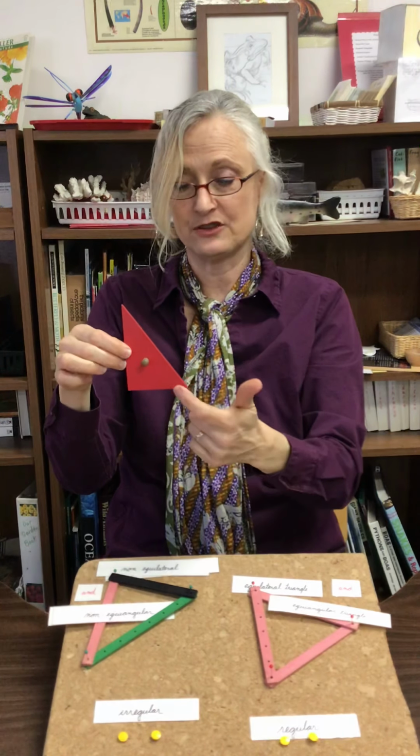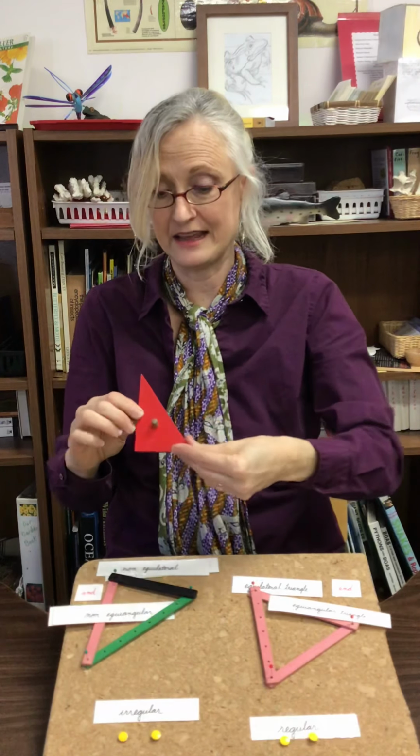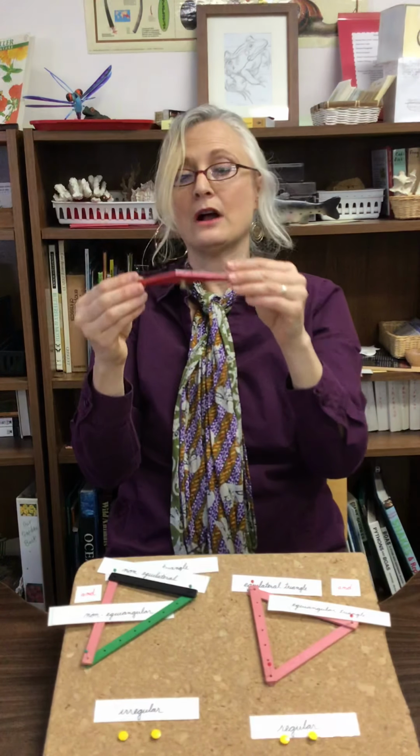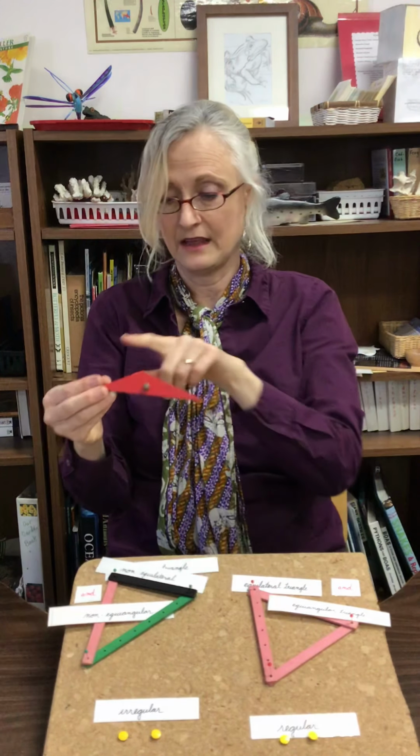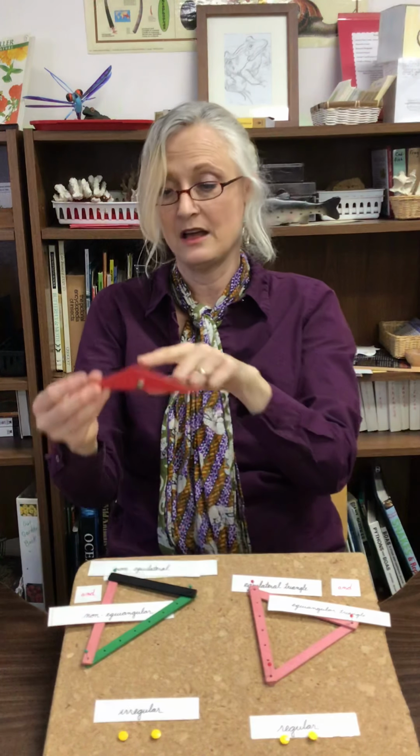Our right scalene triangle has 3 different sides, so it is non-equilateral. It has 3 different angles, one being a right angle, so it is non-equiangular. It is an irregular triangle. Our obtuse scalene, 3 different sides, so it is non-equilateral.